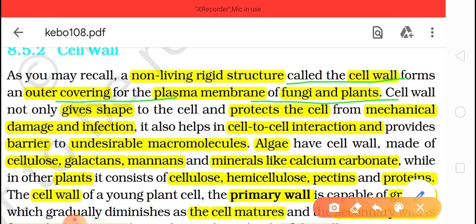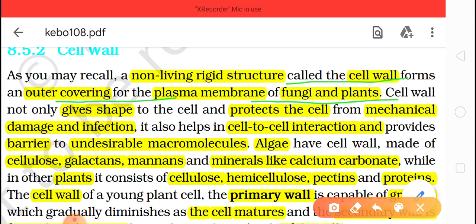In fungi it consists of chitin, a polysaccharide that constitutes the cell wall of fungi. In plants the cell wall is made up of cellulose. If we're talking about bacteria, the bacterial cell wall is made up of peptidoglycan.